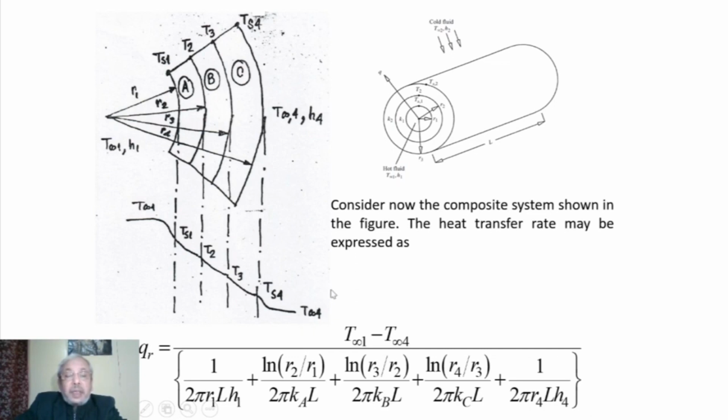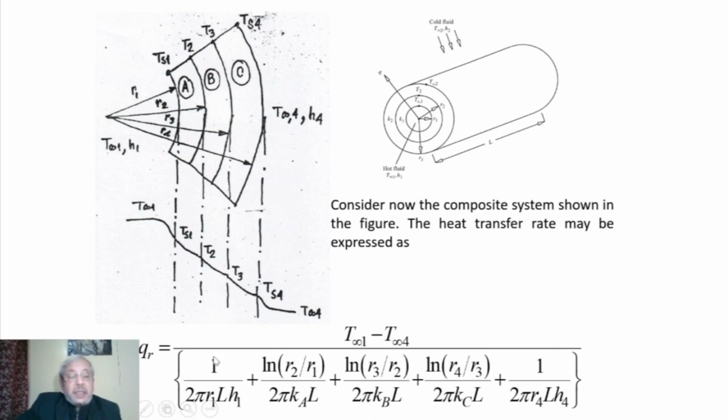And what we have already done in this case, if we try to find out the heat transfer rate, we have to write basically the total temperature potential, that is T infinity 1 minus T infinity 4, divided by the total resistance.